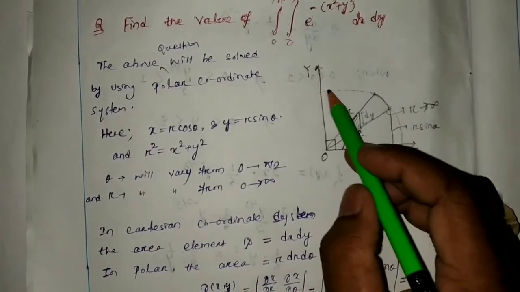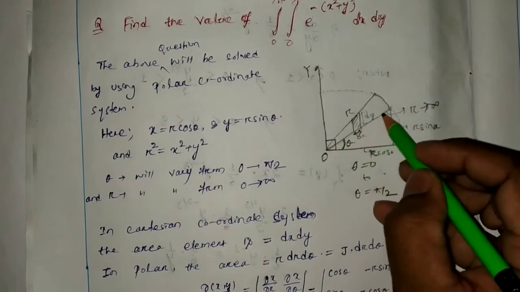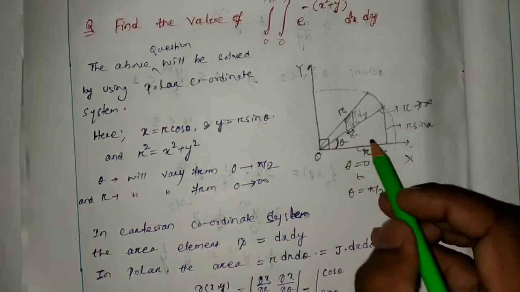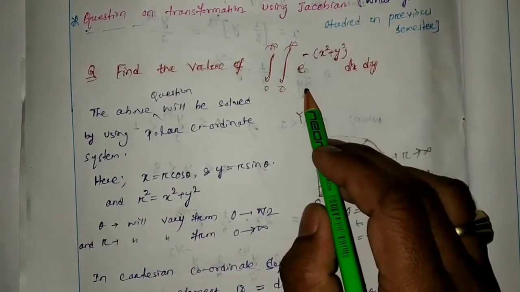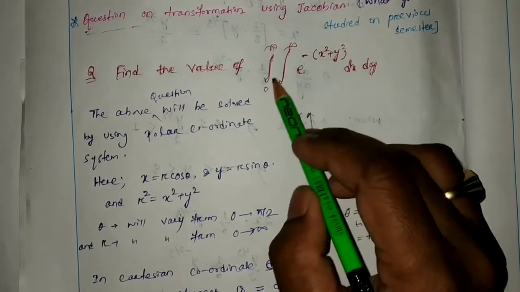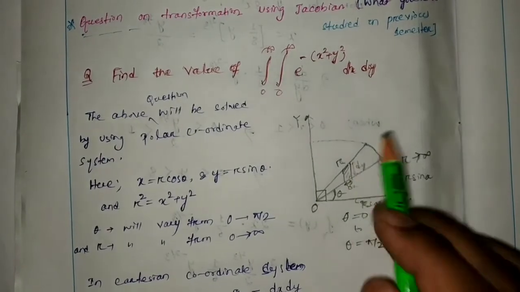So if we consider a small section, and here this length belongs to, suppose, r, and this is theta, so the entire region, see here, x changes from 0 to infinity. 0 to infinity means it is in the first quadrant only.